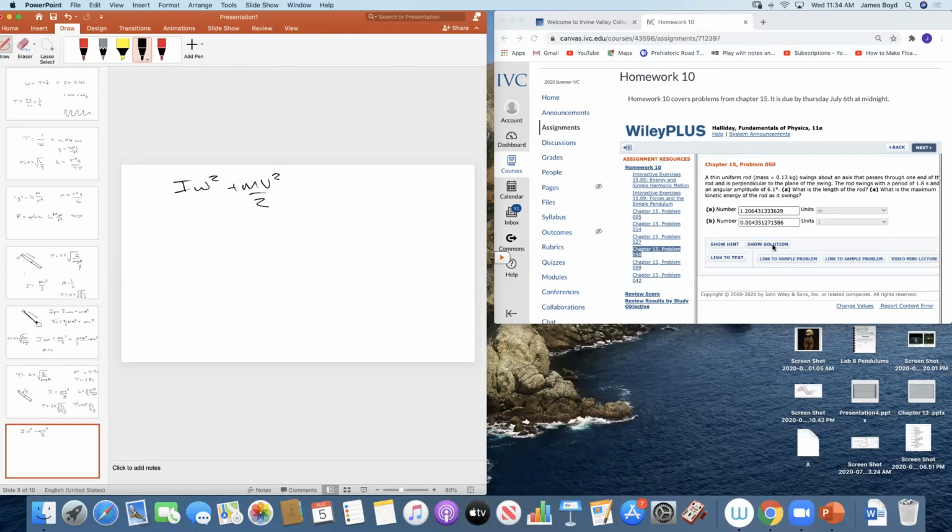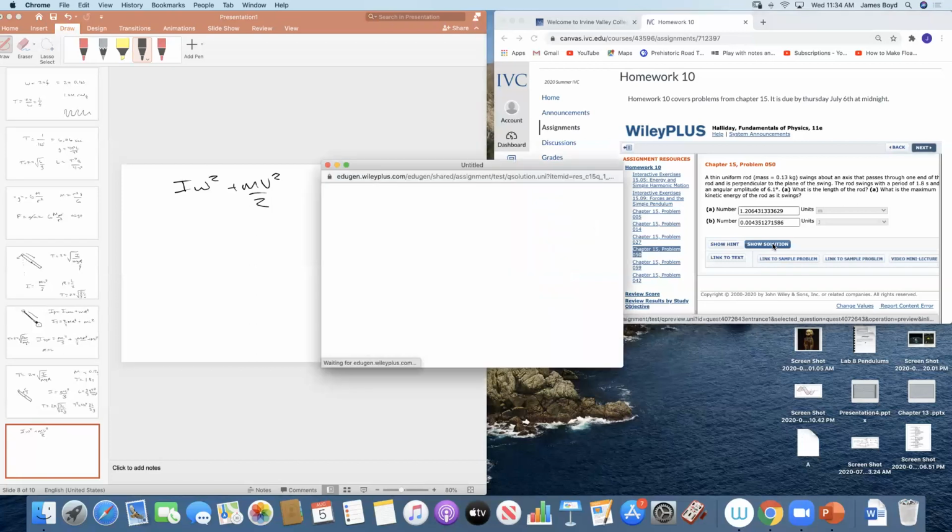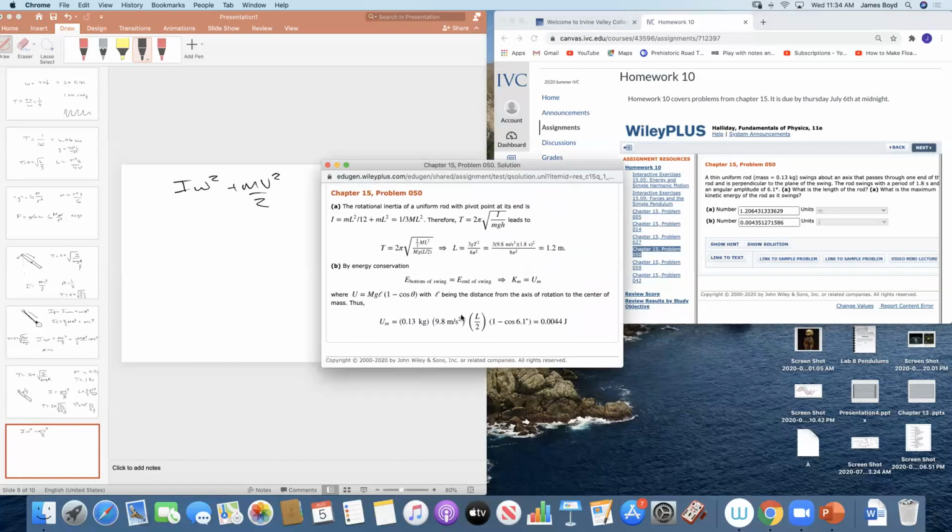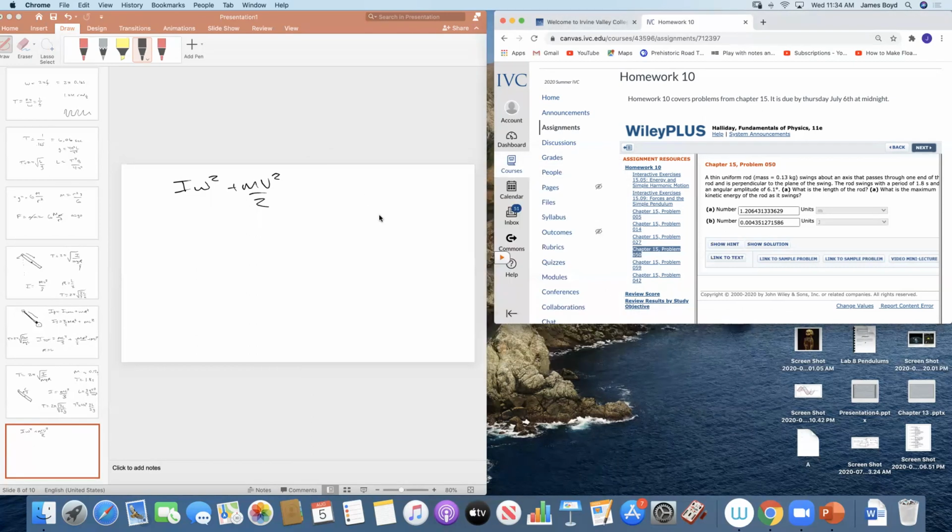And I may have, did they do that right? Oh yeah, I'm being dumb. Sorry guys. I always forget this. So when you do energy, you know that the energy when this thing is at the top and the energy when it's at the bottom, by conservation of energy, have to be the same.